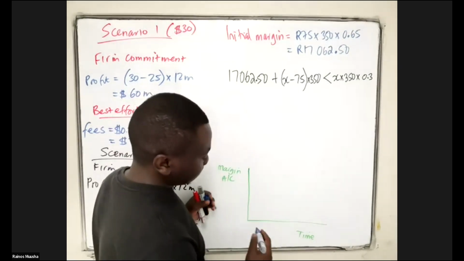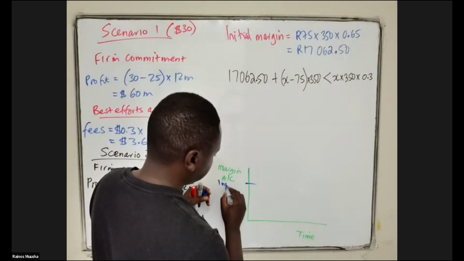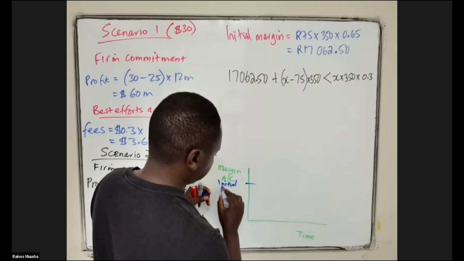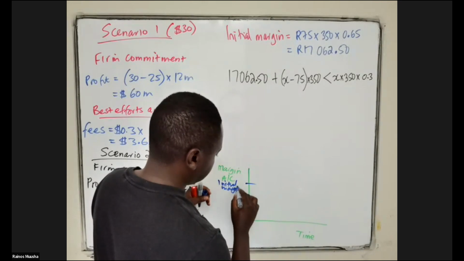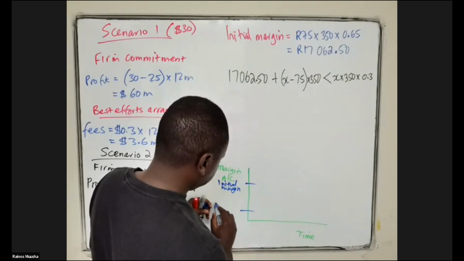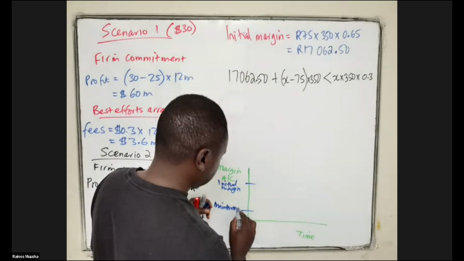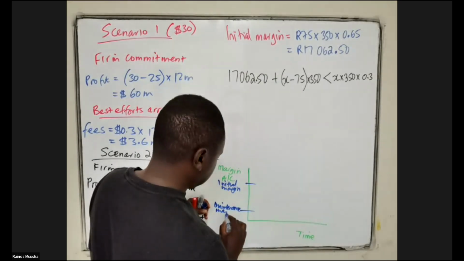we're basically saying this is the initial margin. And this is the maintenance margin.